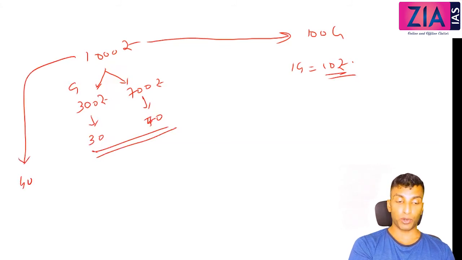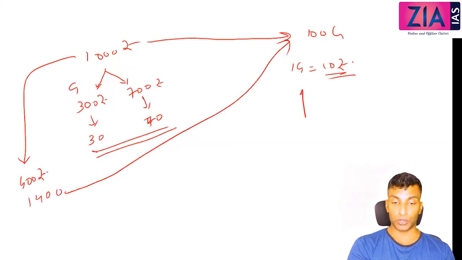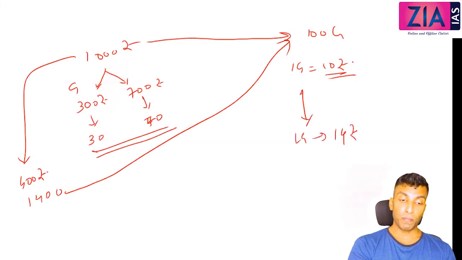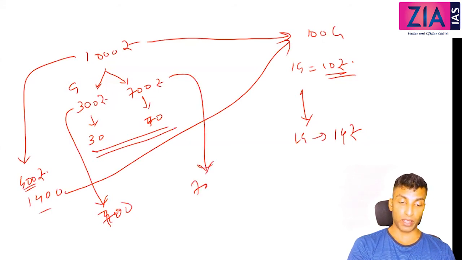Let's say 400 rupees extra is printed. So now in the market there is a total of 1400. This 1400 is chasing 100 goods. So one good now costs 14 rupees. Now what will happen? This 300 in the government will become 700 because of this 400 extra, and the private 700 will remain 700. So the government can buy 50 now, and the private sector also can buy 50.